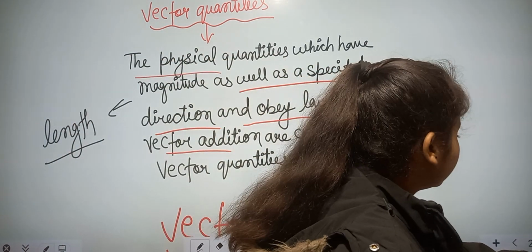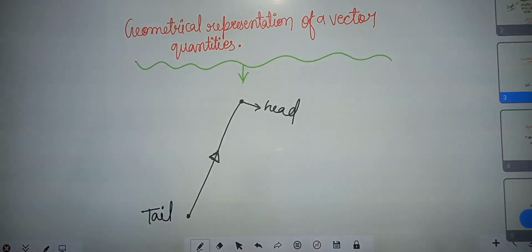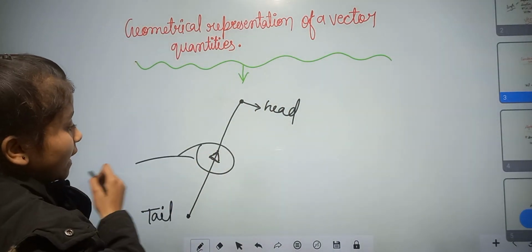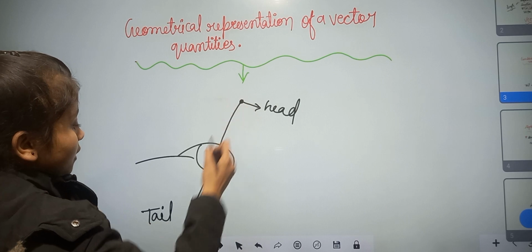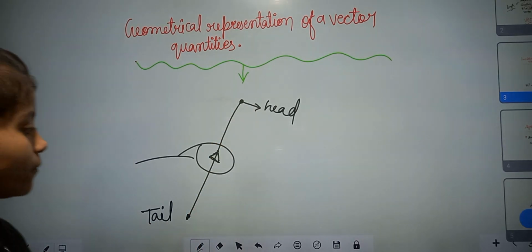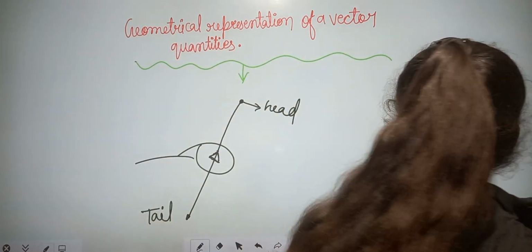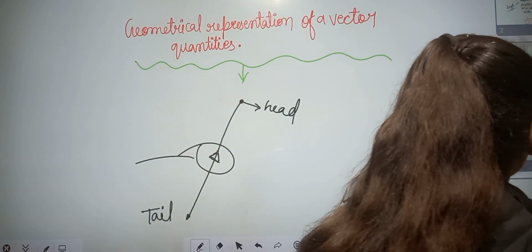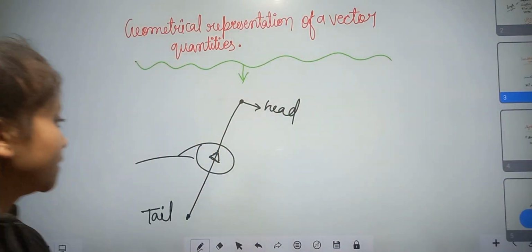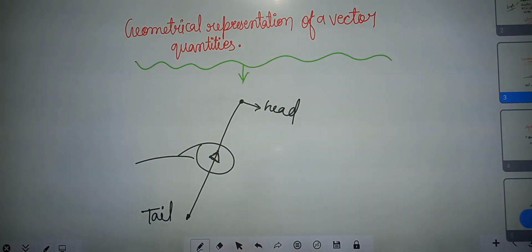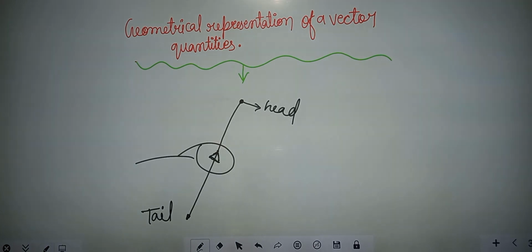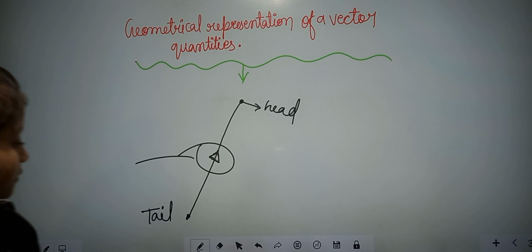The arrow shows the direction and the length is fixed, okay. And the specified direction means we can observe that the arrow shows upward direction, okay.